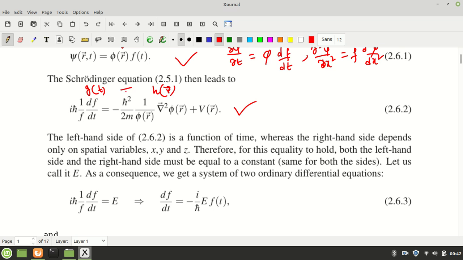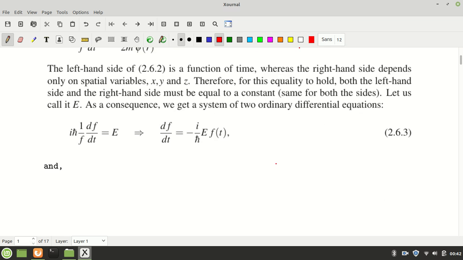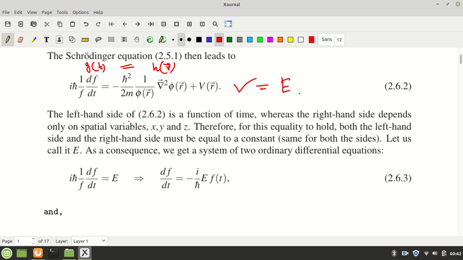So if they are equal, they must be equal to some constant, which is called the separation constant E, and here we can divide this equation into two parts. i h cut 1 by f df dt is equal to E, so it is written over here, and if you integrate this you can easily get, on the left hand side, log of f, and on the right hand side minus i E t by h cut.